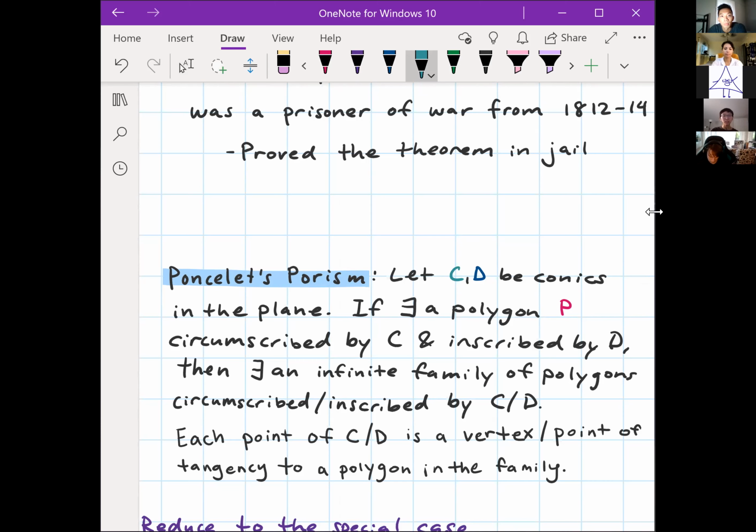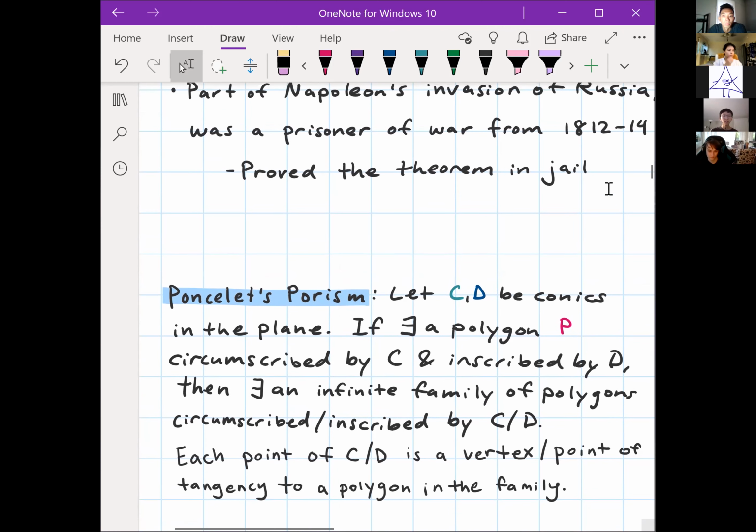But maybe it feels a little bit unsatisfying because it doesn't really tell you when our polygon actually exists in the first place. So I think in the general case, it's pretty hard to determine conditions on C and D such that we have our infinite family.